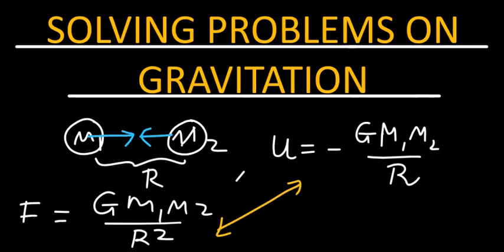For the expression for force, you have R squared in the denominator, and for the expression for the potential energy, you only have R instead of R squared. So force is expressed in the units of newtons, and gravitational potential energy is expressed in the units of joules.